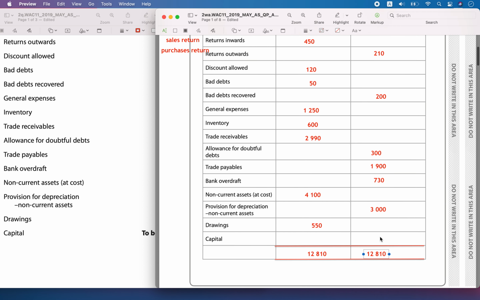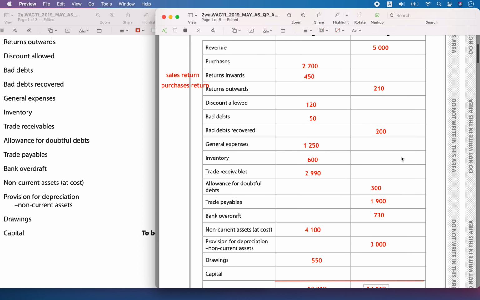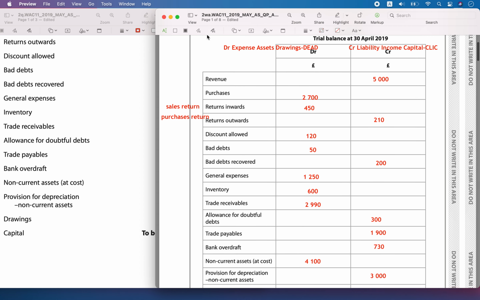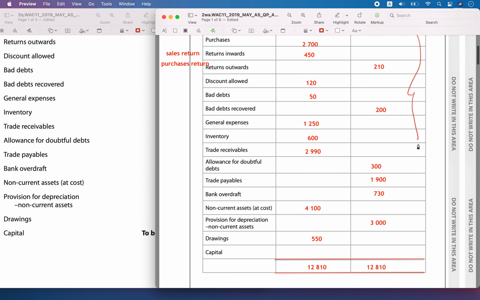So the remaining is going to appear as capital on the credit side. Let's add up the values from here till here.